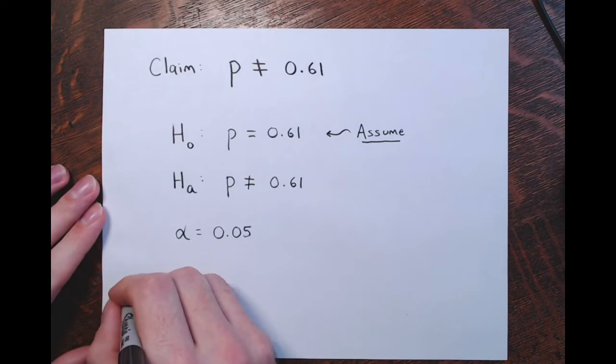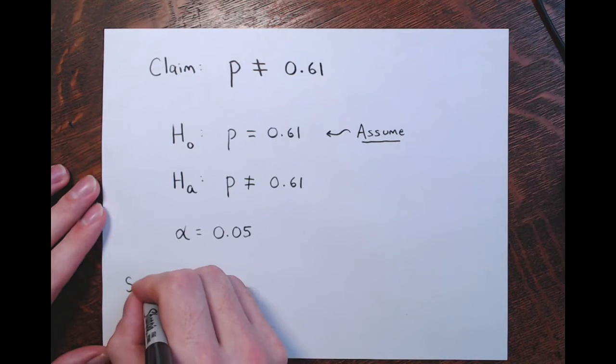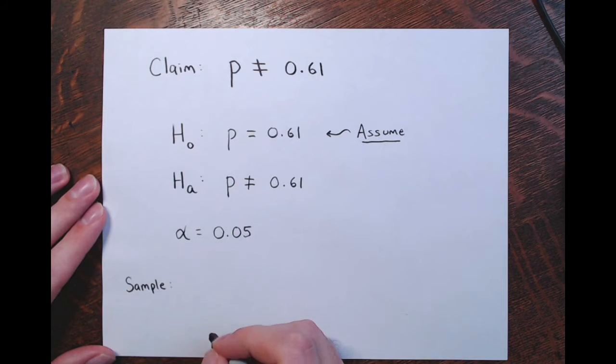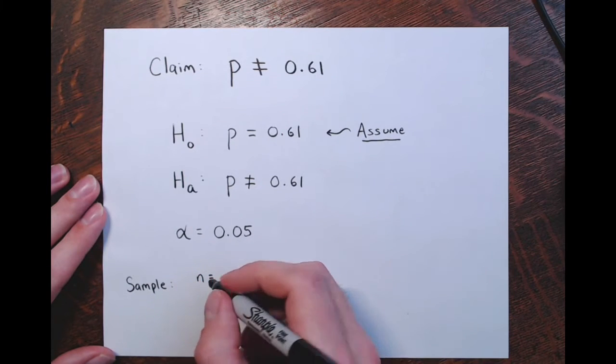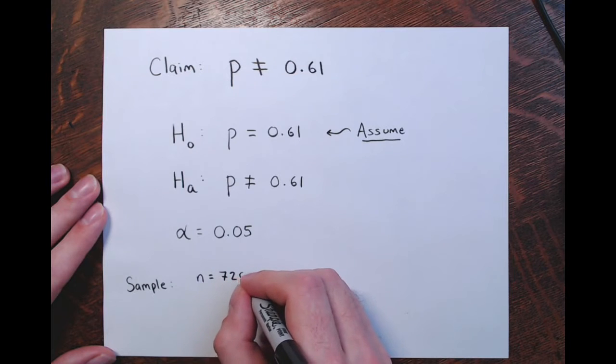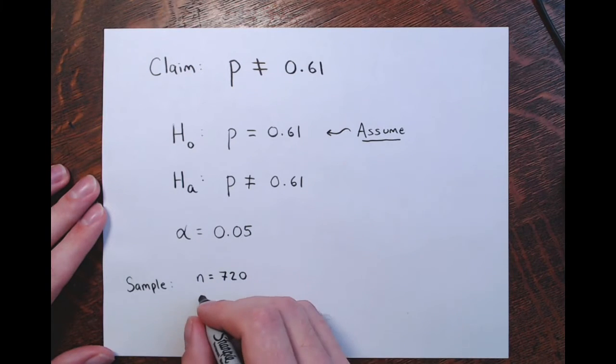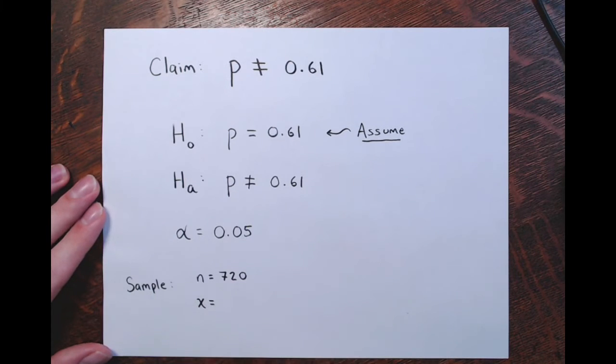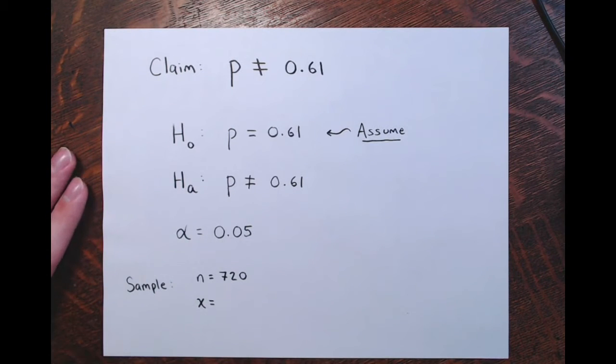Then a sample is taken. This sample had a size of 720; they took a random sample of 720 companies. Lowercase x represents the number of successes, and in this problem, a success is if they use JavaScript as their primary software technology.